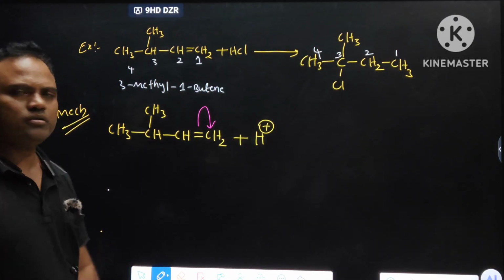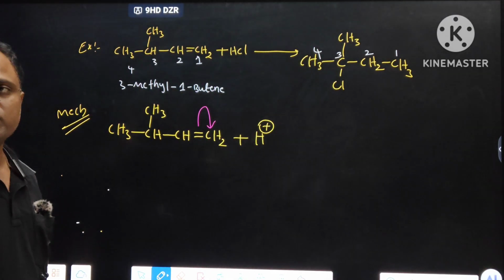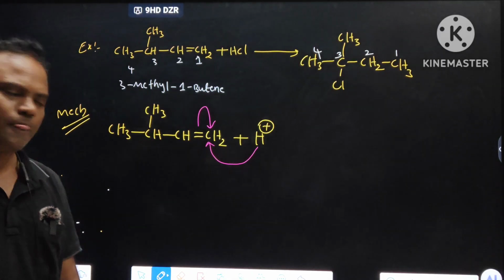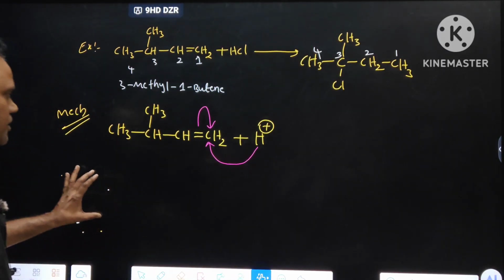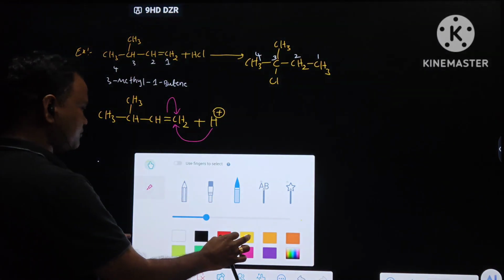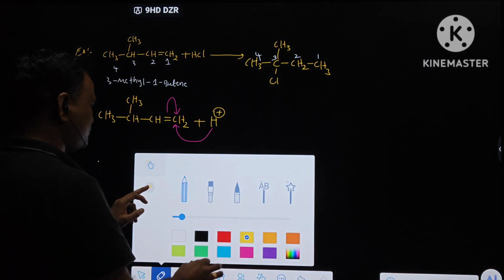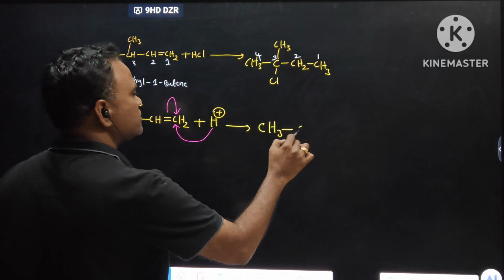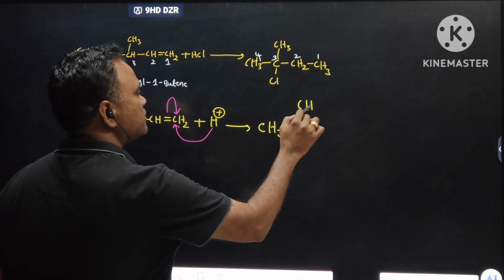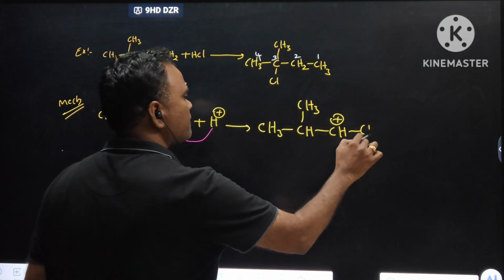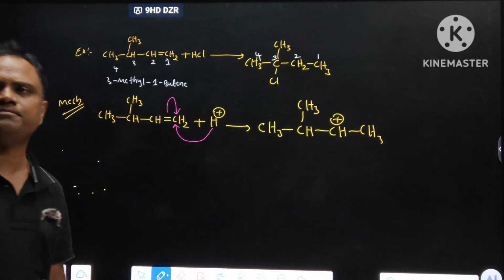The terminal carbon will get a negative charge, so towards that negative, this positively charged hydrogen will go. Clear? Same step as before. Next, CH3, CH positive, CH3.